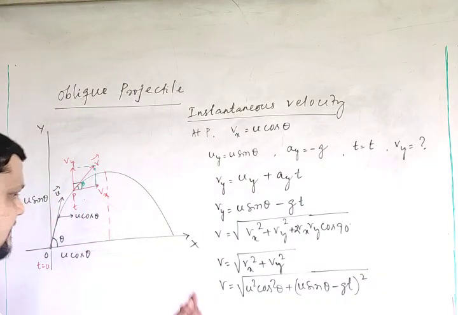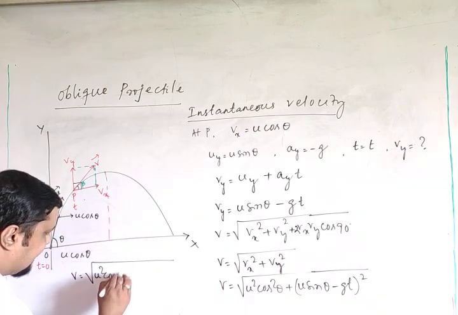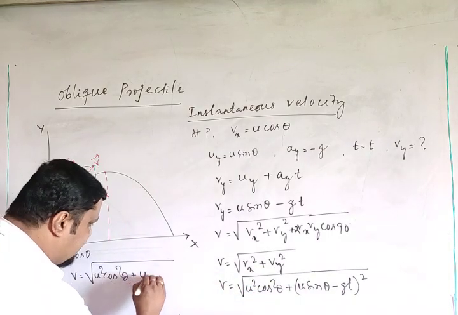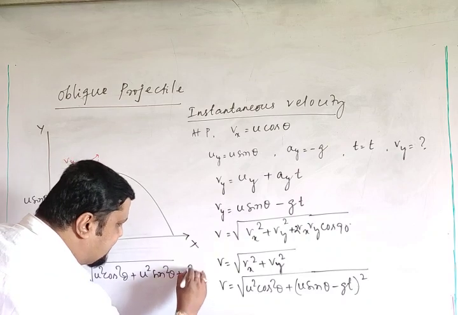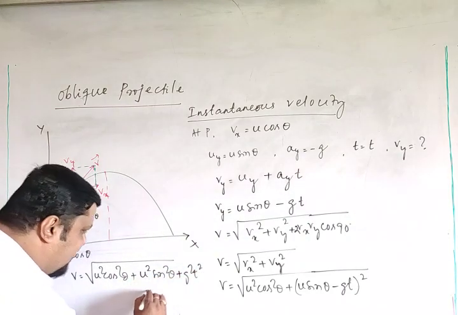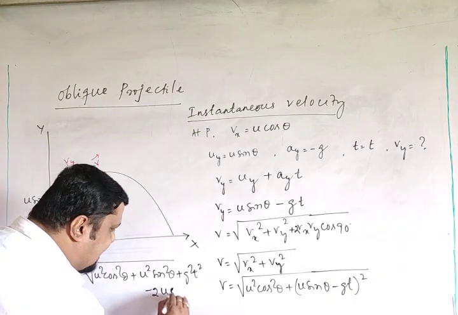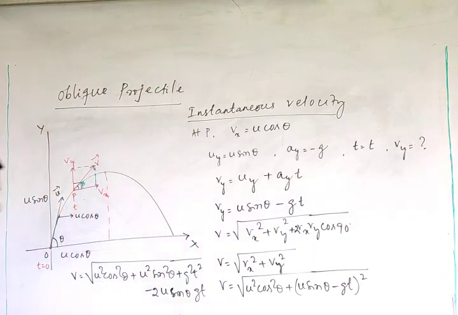How to solve this one? v is equal to the square root of u square cos square theta plus u square sin square theta, a square plus b square minus 2 u sin theta into gt, whole square.